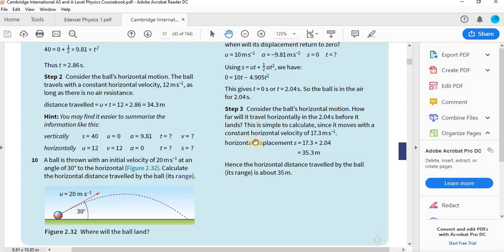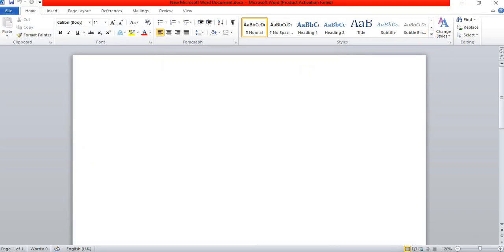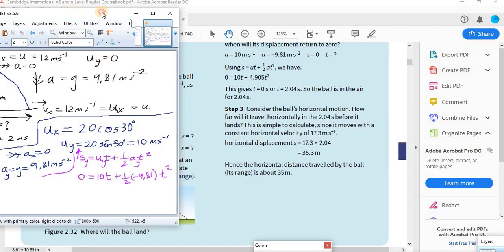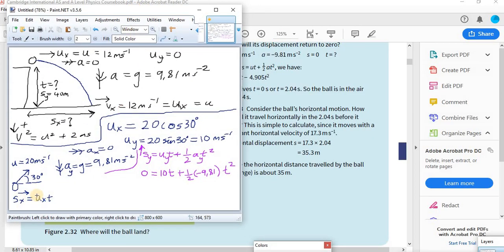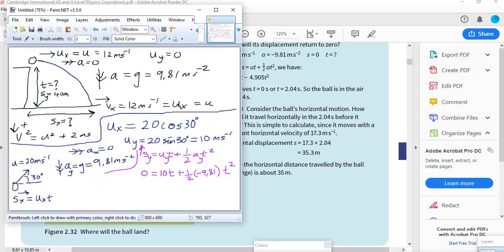Then horizontal displacement, using this time we can find the horizontal displacement by using this equation. So the time is the same time, so sx equals ux t, and ux is 20 cosine theta, that will be 17.3.